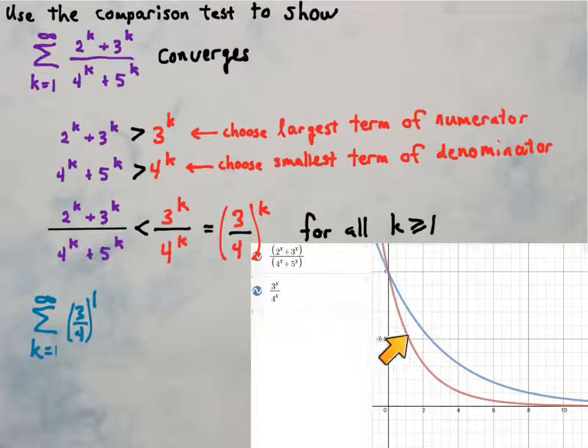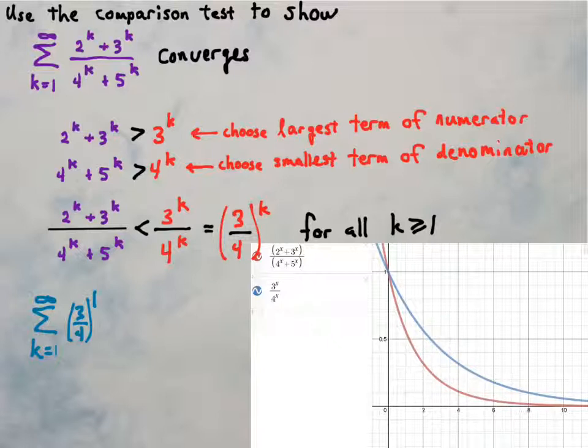And just to confirm, since we will have the technology on paper 3, I would graph 3/4 to the k, which is this blue curve, and I would graph the other thing that I'm trying to prove, and just to demonstrate and make sure that indeed we're always going to have larger values for 3/4 to the k. We can stretch it out for a while and make sure, even though we have our common sense and reason, we should make sure our reason is sound.